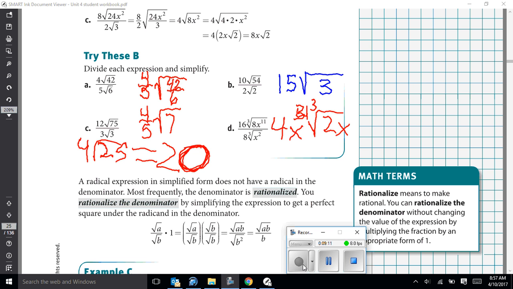So 5 times 3 is 15, so it's 4 over 3. Yeah. Well, yep, that.